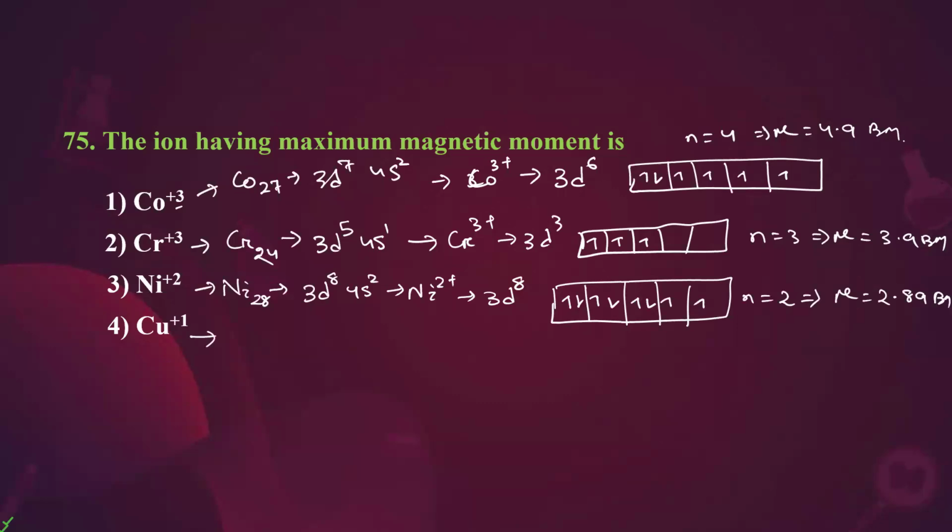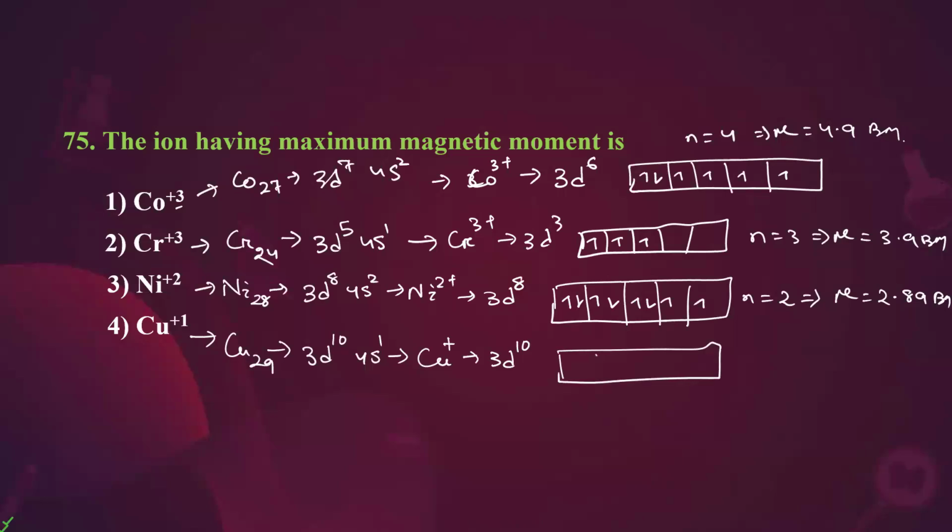Okay, in Cu+, copper has 29 electrons, that is 3d10 4s1. 1 electron will be removed for Cu+, so you will get 3d10 configuration. 3d10 means all 5 orbitals of the d subshell will be occupied with 2 electrons. Means the number of unpaired electrons is 0, mu is equal to 0. Okay, like this we have to check.